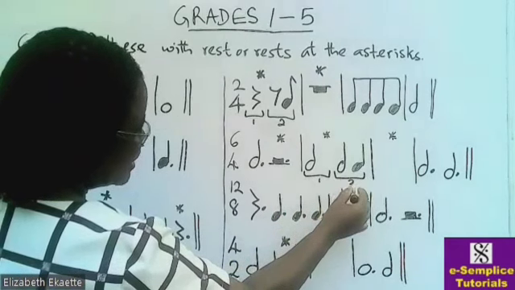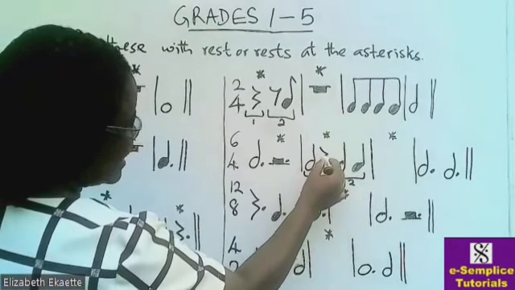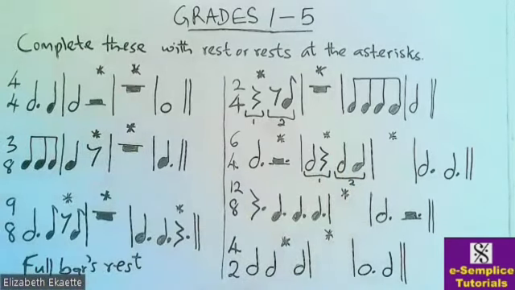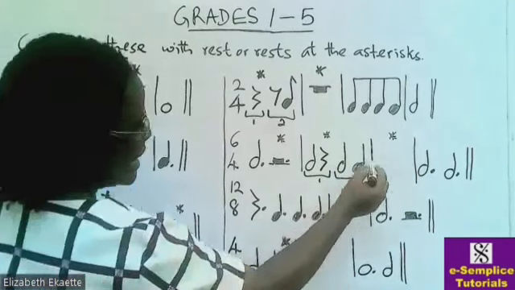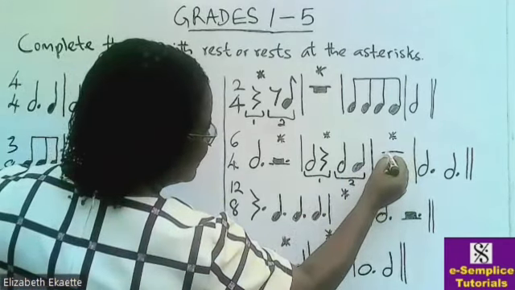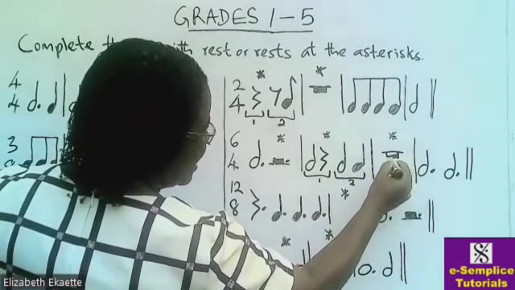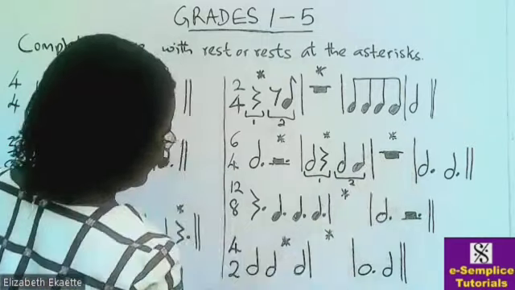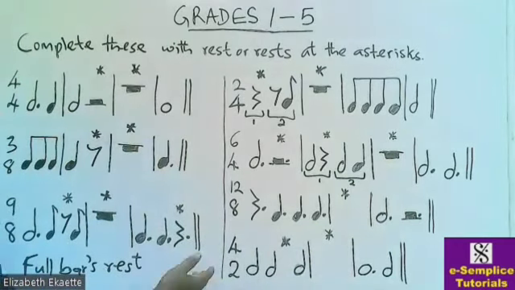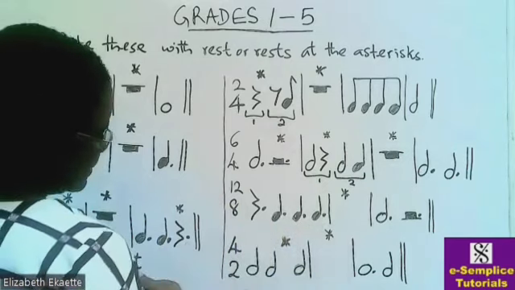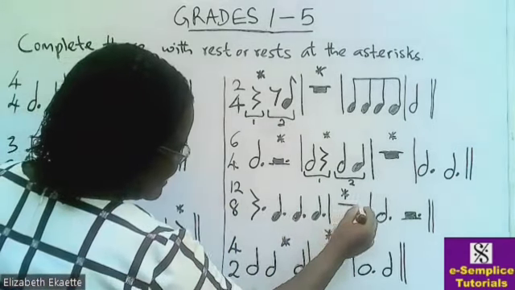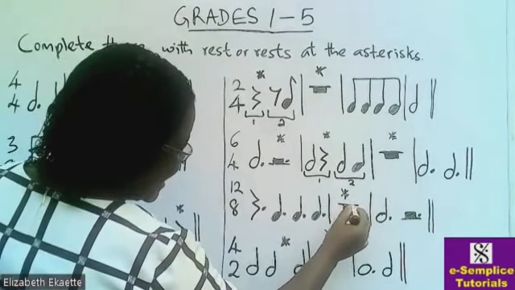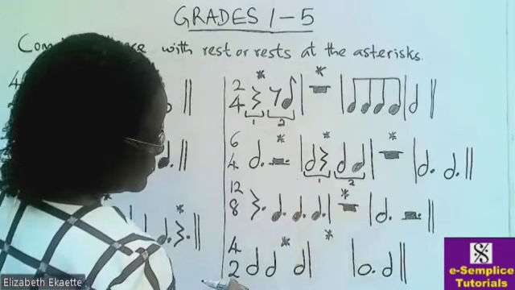So what is actually left here is a crochet rest. And in that next bar, the only rest that fits it is also our full bars rest. Now we move to 12/8 time here. The first bar is balanced. The only rest that fits there is another full bars rest.